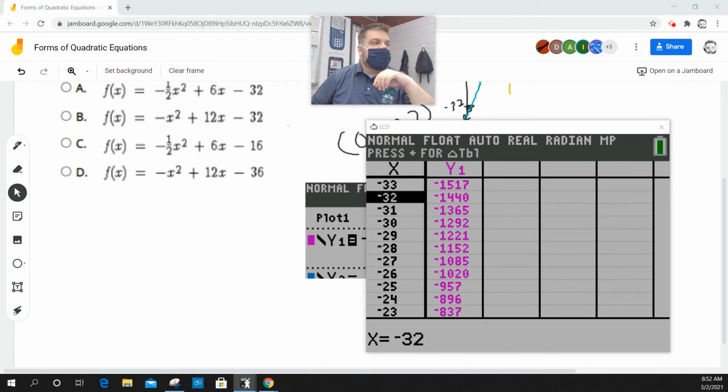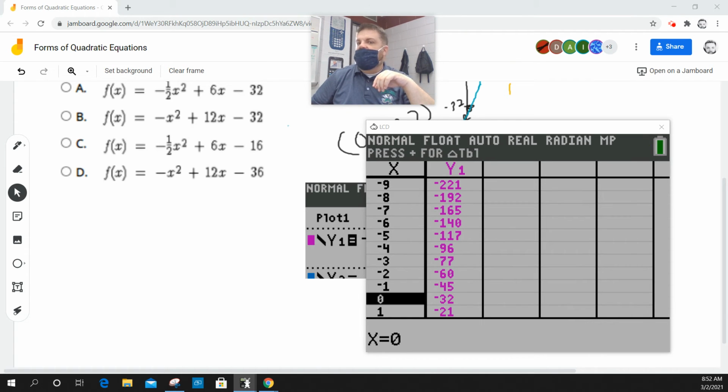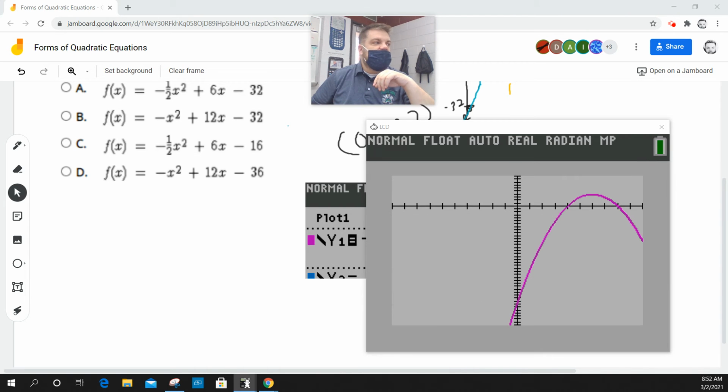Oh, wait, I'm sorry. X is 0. I went the wrong way. We're going where X is 0. The Y value should be negative 32. See? That's how you verify that. Okay, so we're just going to graph this.